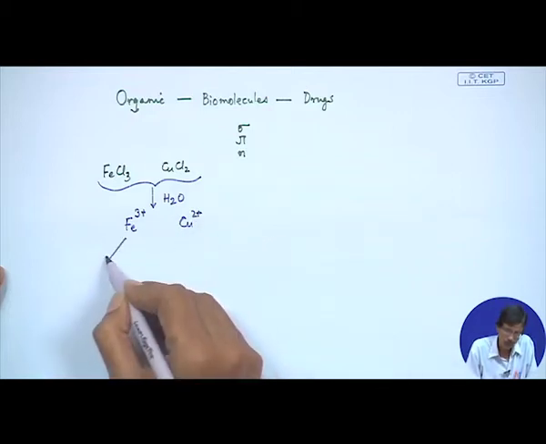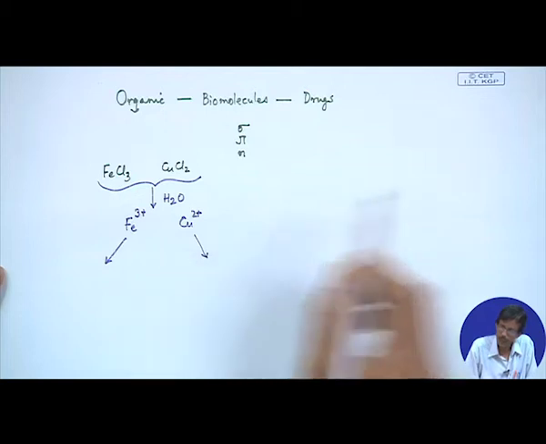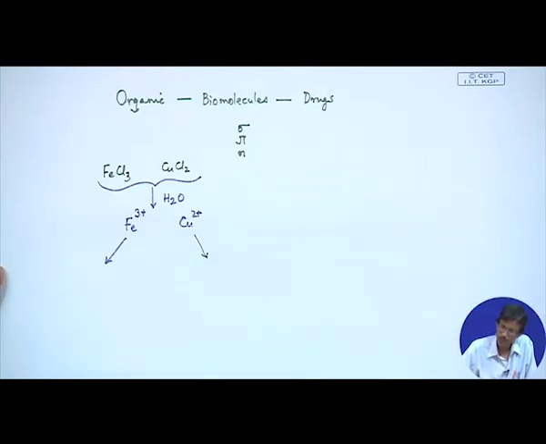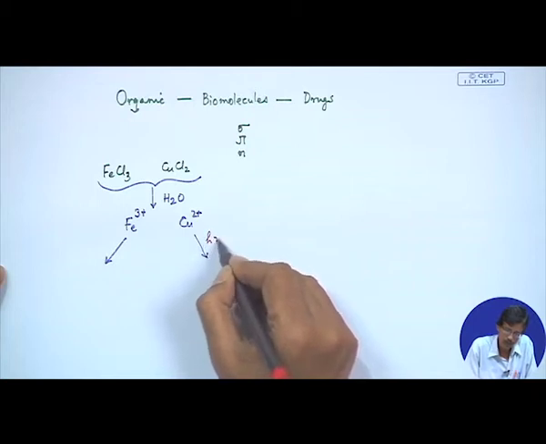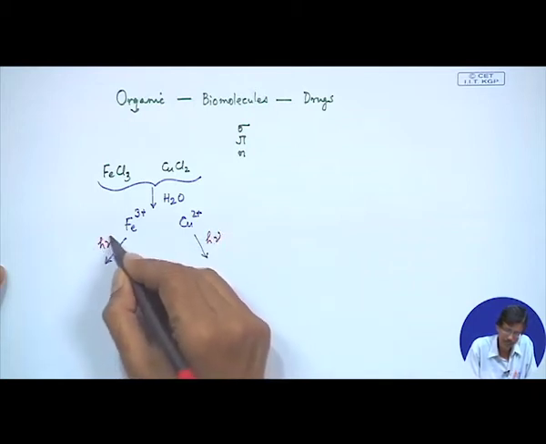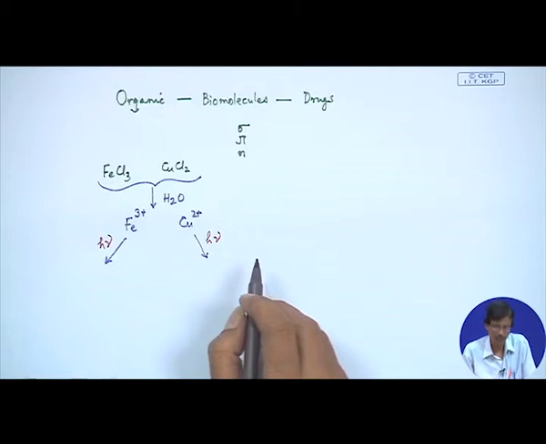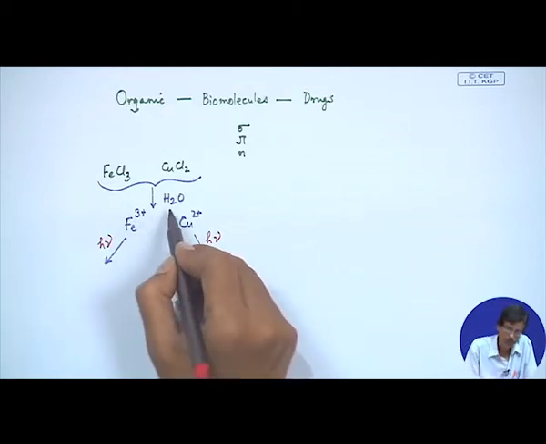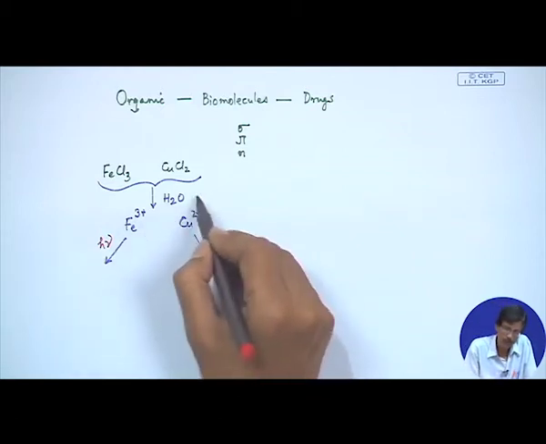Now we want to see whether these two metal ions will be responsible for absorption of electromagnetic radiation h nu in the UV visible range. When water is present, we all know that water is a very good ligand.